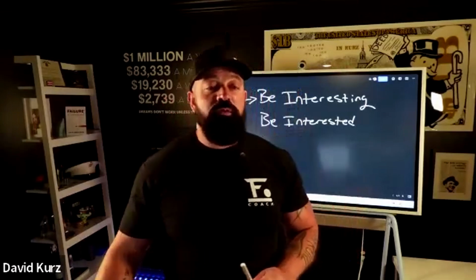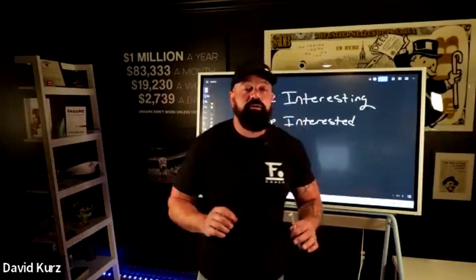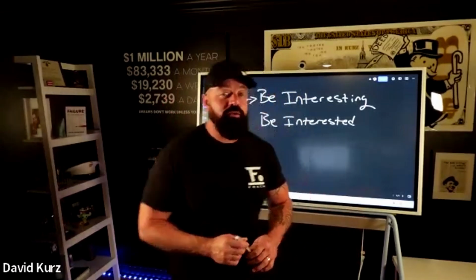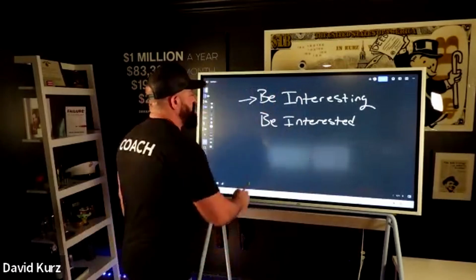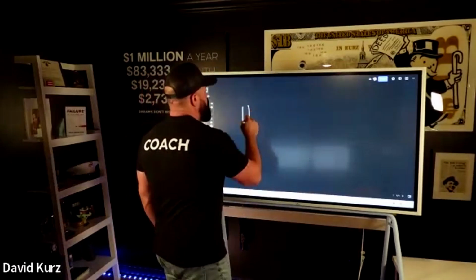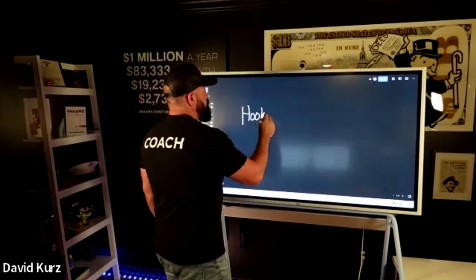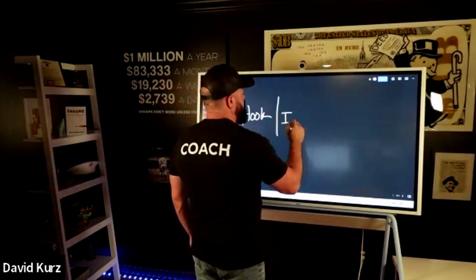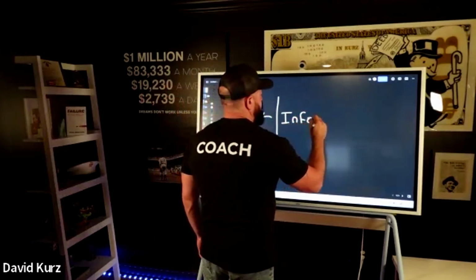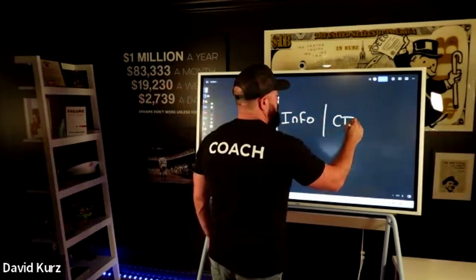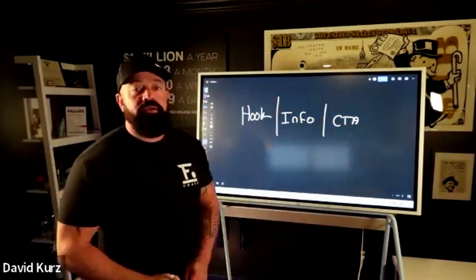But here's what I want you to do. I want you to understand that no matter what content you have to have three pieces. The three pieces are your hook, your info, and your CTA. Those have to be your three pieces.